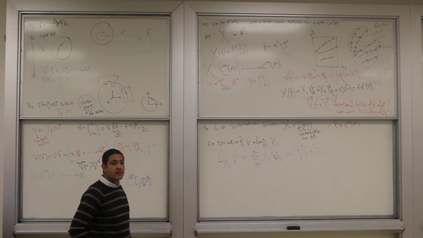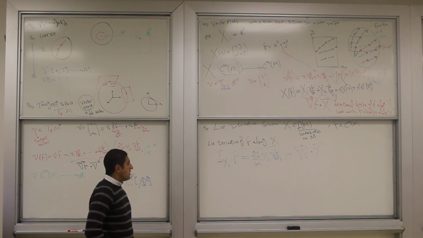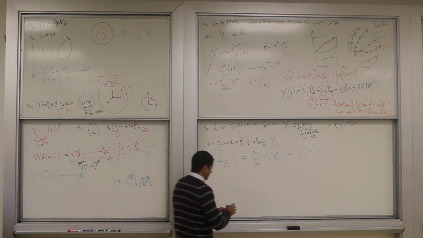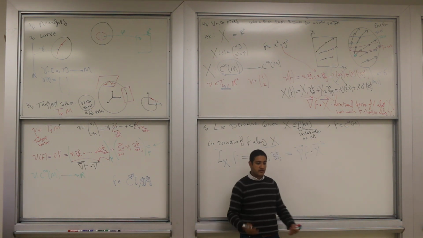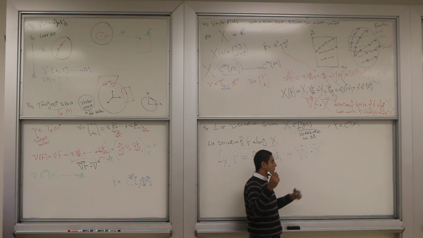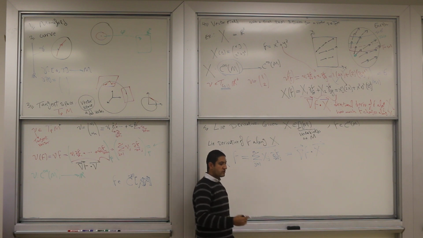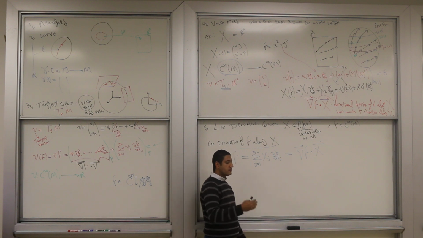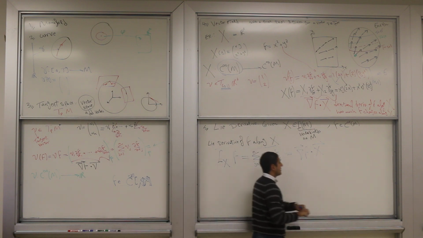Could you please explain once more what you mean by this belongs to vector fields on M? Well, the collection of all vector fields on M, we give it a name. We denote it by gamma M. So from now on, when I'm trying to say, let X be a vector field on M, I'll simply shorthand it as X belongs to gamma M. It's exactly the same like here.